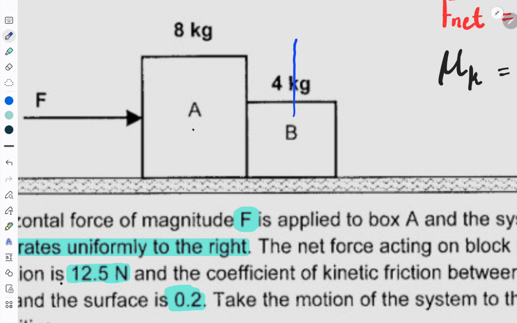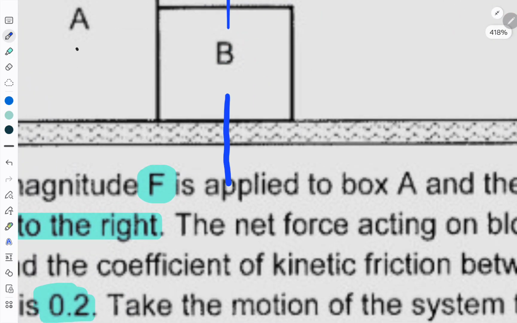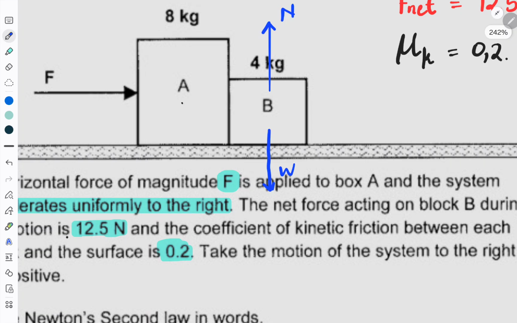Right, you'll get a normal force there, which is the surface applying a force on B. And then you'll get a weight. Okay, it's just a rough thing you would do on your question paper just to get an idea.